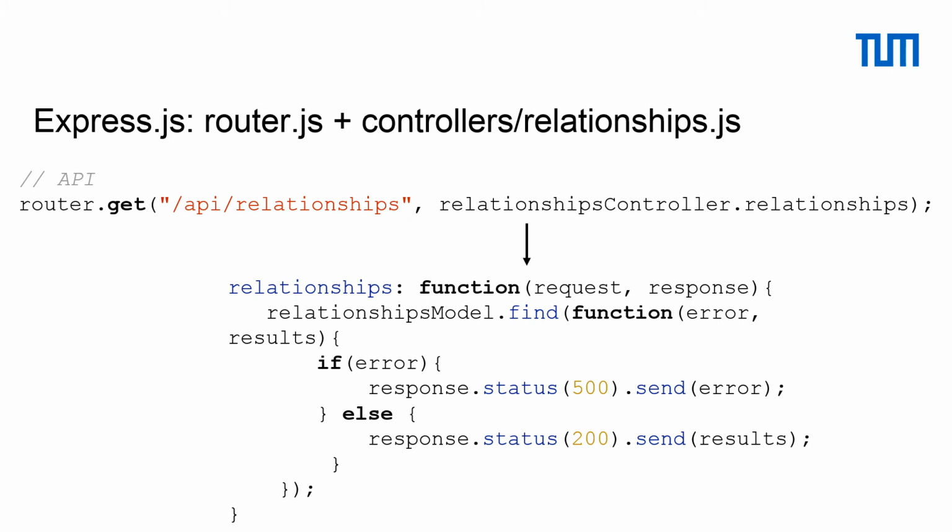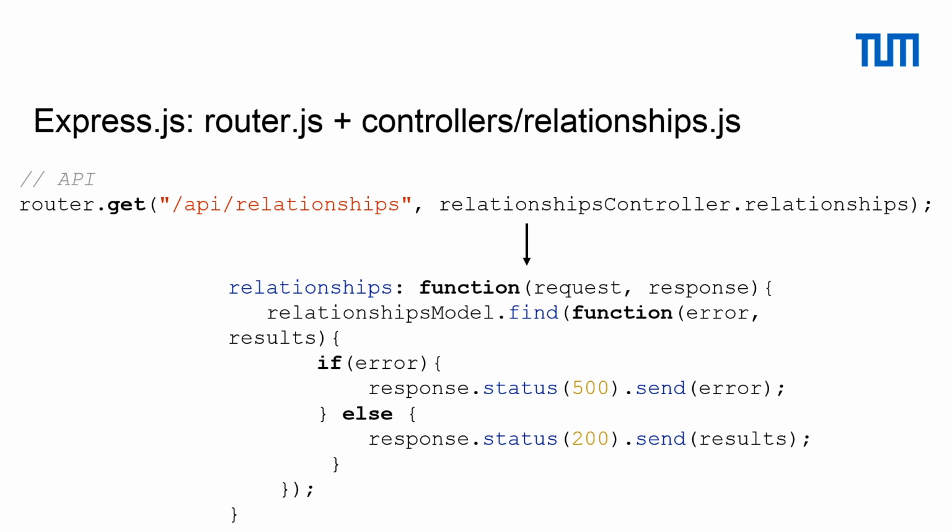If the find is successful, we will return the results of the find in the last meaningful line of code of this example, which is response.status(200).send(results). Notice that status 200 in HTTP protocol means that the request was answered successfully, that there was no problem, and that we are answering back, okay, we have the data.